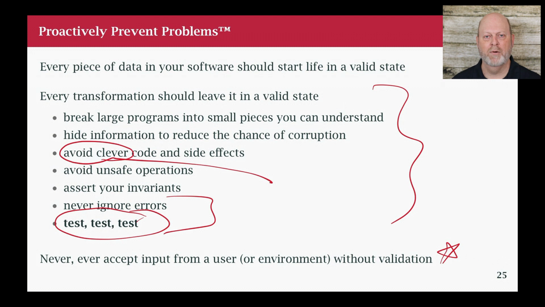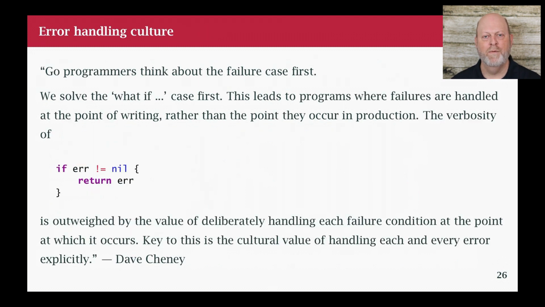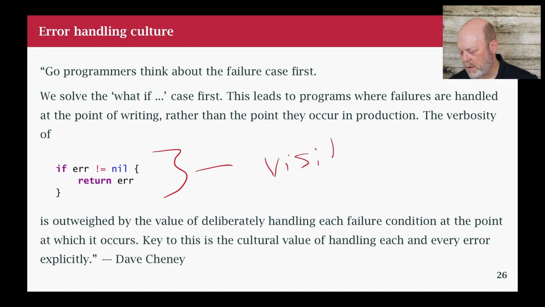Okay? Why does this matter to Go? So there's a philosophy, and I pulled out a quote from Dave Cheney's blog about why we do this, right? And again, people think that this little section of programming is verbose, to have all these if err not nil things. Okay? But Dave Cheney's point is, we handle errors, we don't just kick the can down the road. And I want to follow that with one other thing, and that is, what you get out of this is visibility, right?